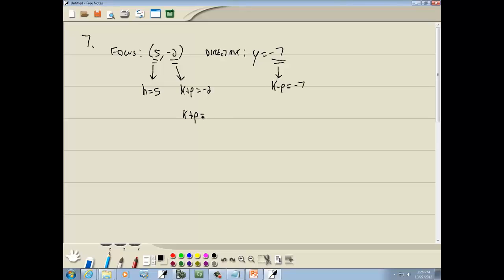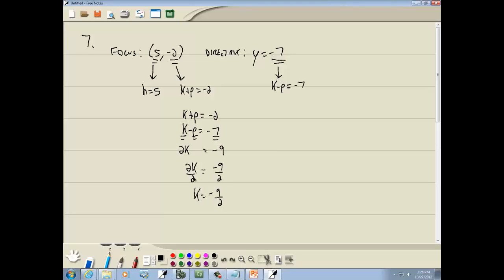So I got k plus p is equal to -2, and k minus p is equal to -7. Merging these together, we use elimination addition. K plus k is 2k. P minus p drops away. -2 plus -7 is -9. So k, when we divide both sides by 2, is going to equal -9/2.